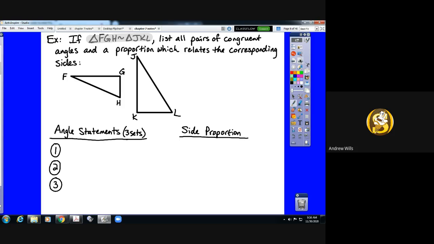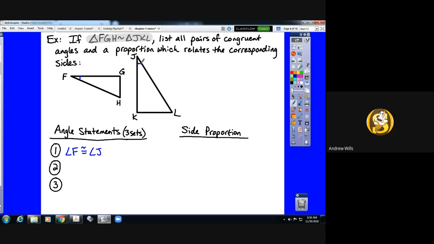So notice that they gave us a similarity statement. So the first set of angles would be the first letter in each name. In other words, we can state from the similarity statement that angle F is congruent to angle J. And we can even mark that in our picture, one arc for each of those angles.